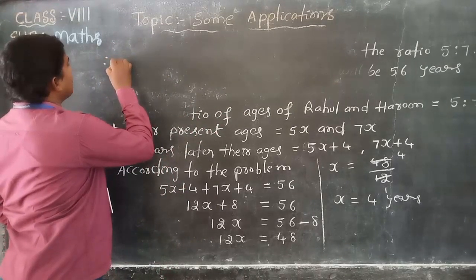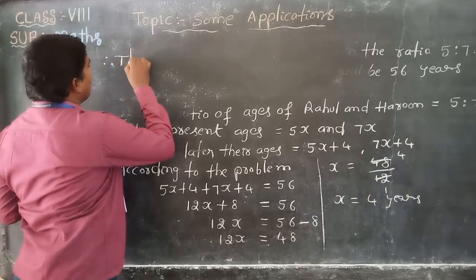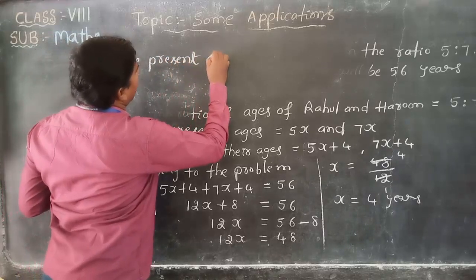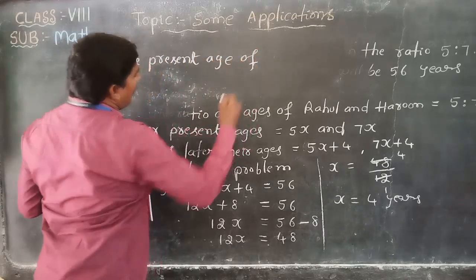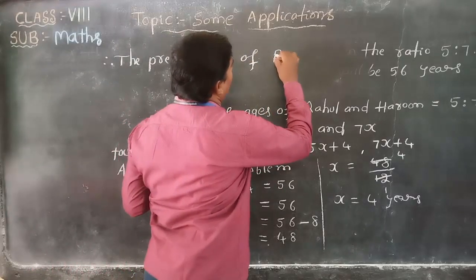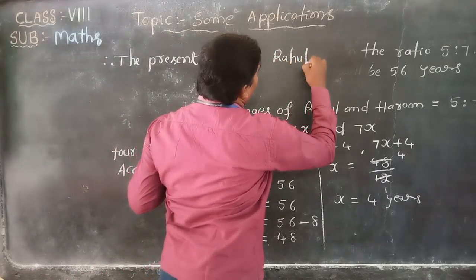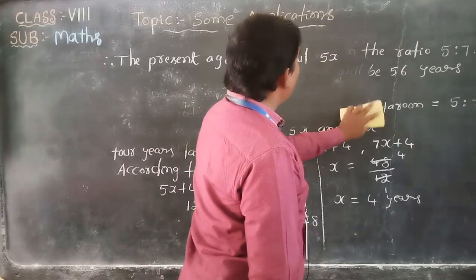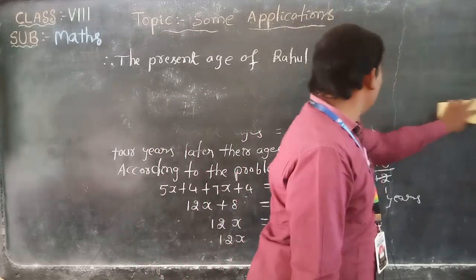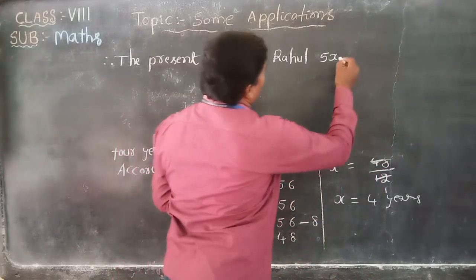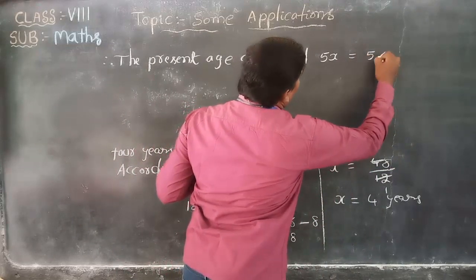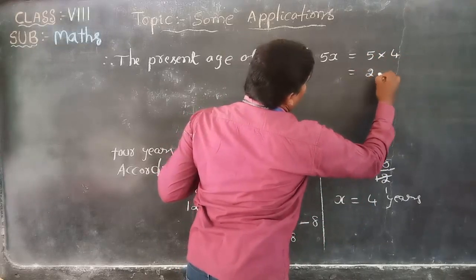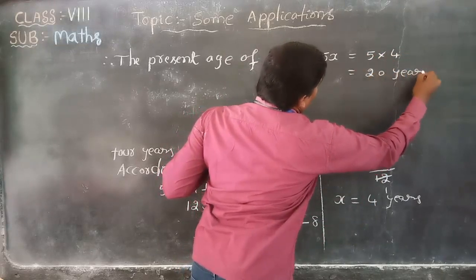Therefore, the present age of Rahul is 5x. We know x value here, x is equal to 4 years. So 5x is equal to 5 into 4. 5 4s are 20 years.